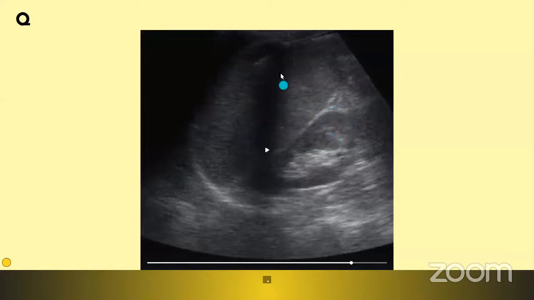So this is the liver and this is the right kidney. You can ask how to differentiate between liver and spleen. The thing is, it's very hard.